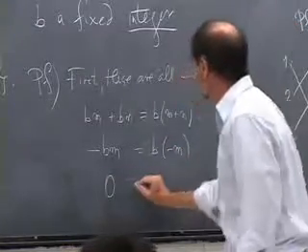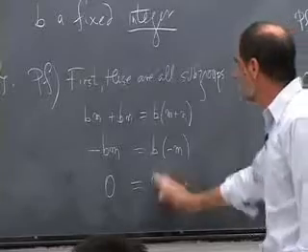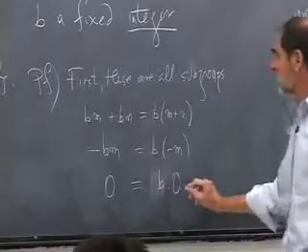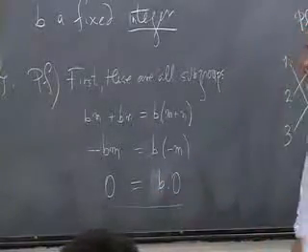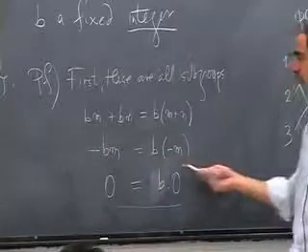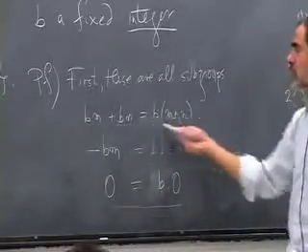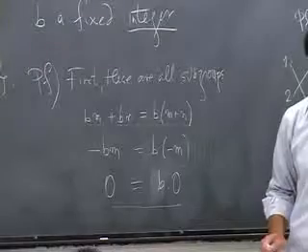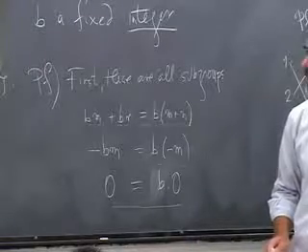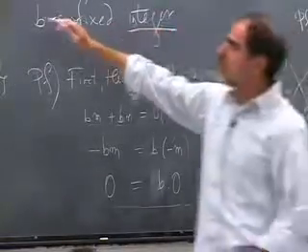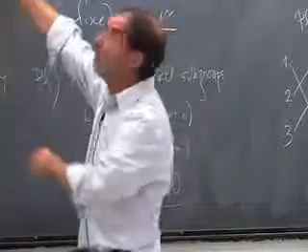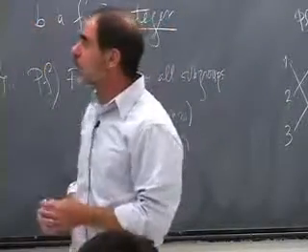And 0 is equal to b times 0. So that shows that the 0 element is in the group. This shows that we have inverses in the group. And this shows that the group is closed under addition. Okay? So all integers divisible by something give a subgroup of all integers under addition. We just have to show that these are the only possible subgroups.